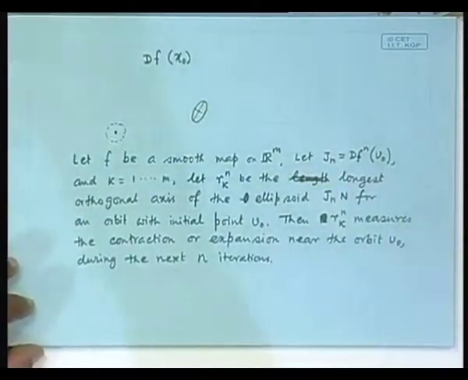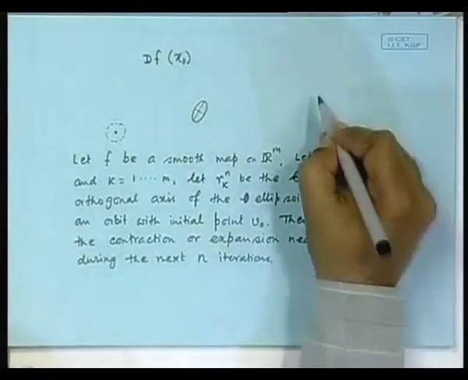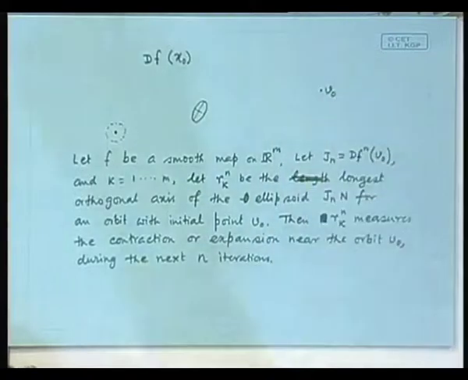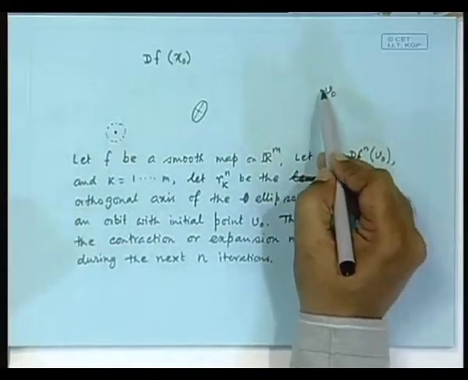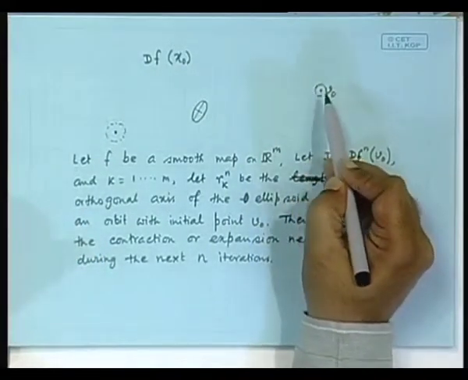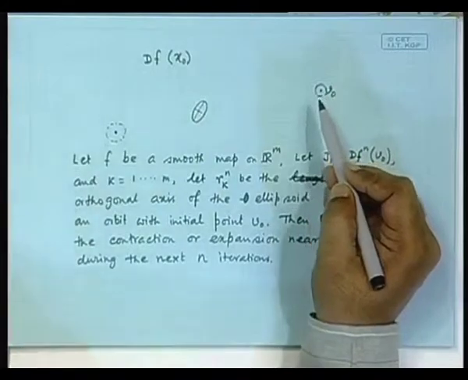Okay. Notice what you have done. We have started from a point V0. We wanted to find out how the region around it expands or contracts after n iterates.